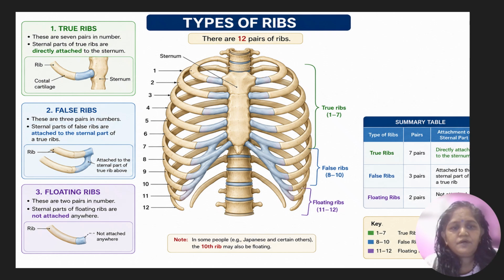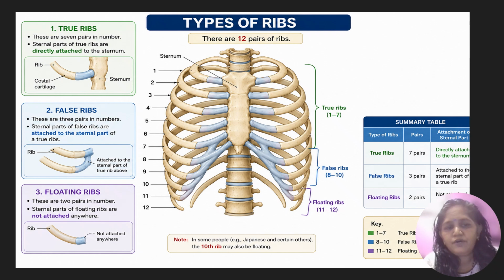Now, before the ribs, the part which is going to attach is made up of cartilage, also called costal cartilage. And these are attached. The false ribs, the sternal part of the false rib, is attached to the sternal part of the true ribs.